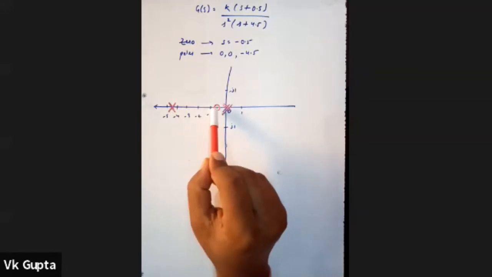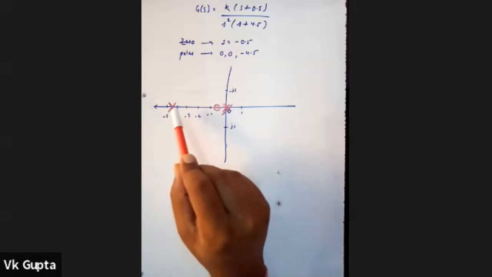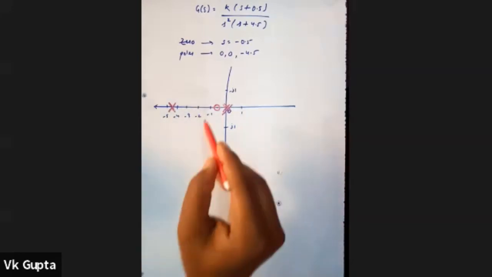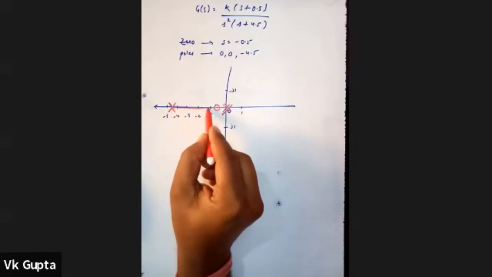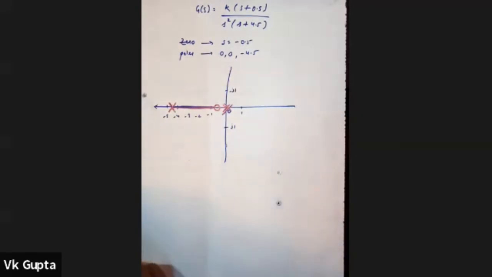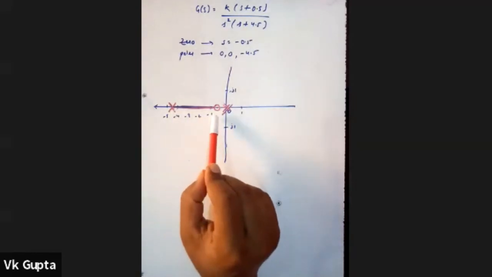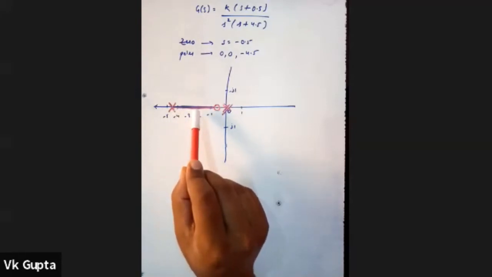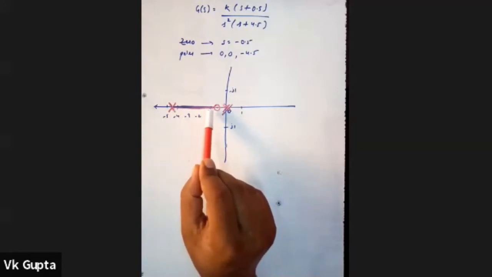So the points between minus 0.5 and minus 4.5 lie on my root locus because there is an odd number of poles and zeros to the right side of these points.